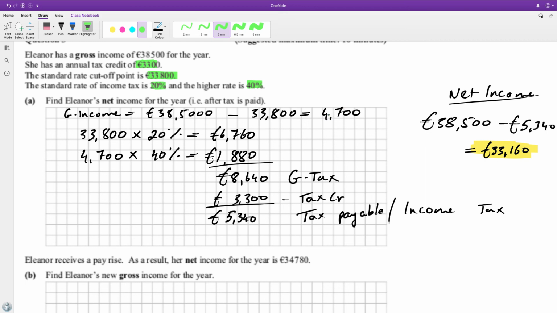We don't know how much that is. Is this figure here going to change? No, that's going to be the same. Is this figure down here going to change? It is, because we don't know what that is. Gross tax is obviously going to change. Is this tax credit going to change? No. Right, so we can work our way backwards in some places.